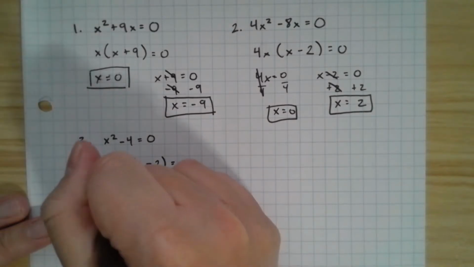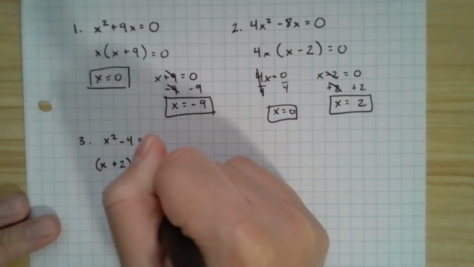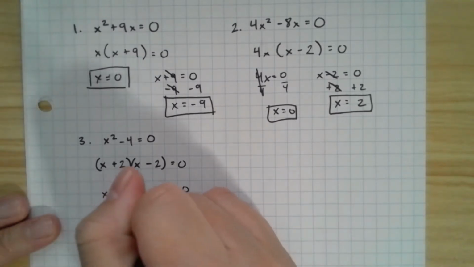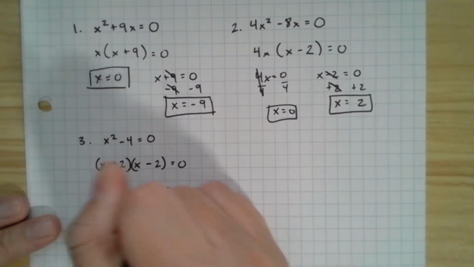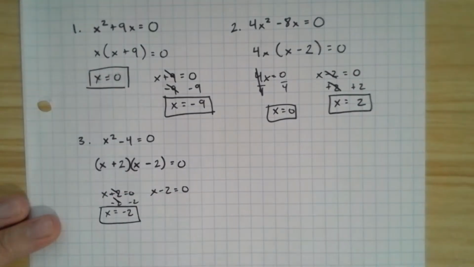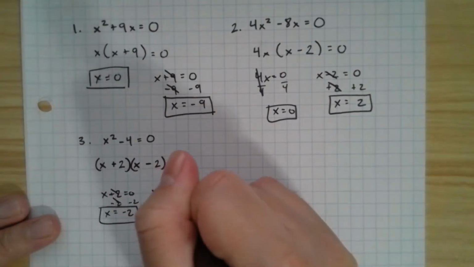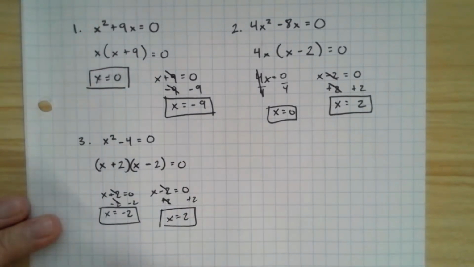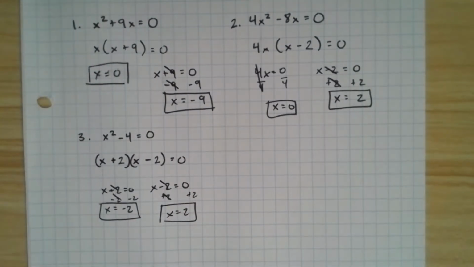Set each of these equal to 0 and solve. X is equal to -2, subtract 2 from both sides. And this one here, add 2 to both sides. X is equal to 2. So -2 and 2.